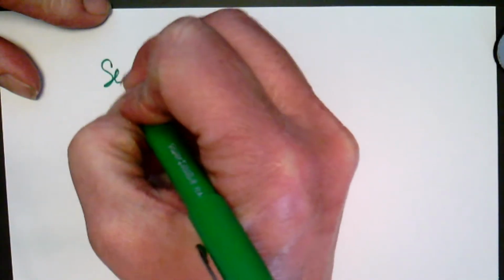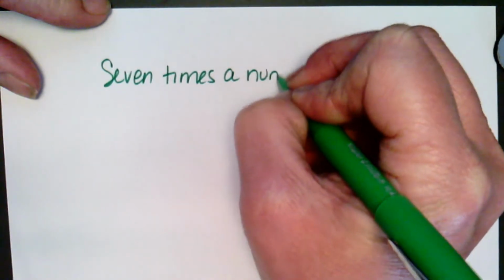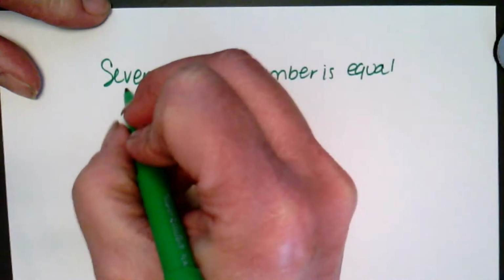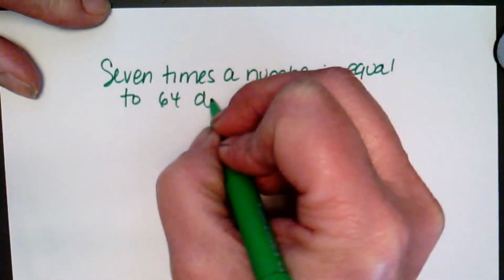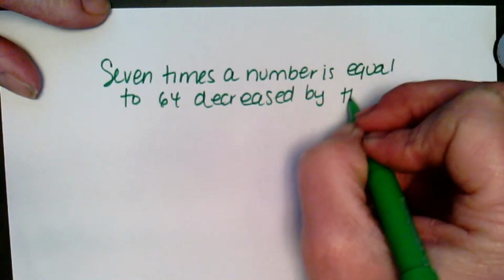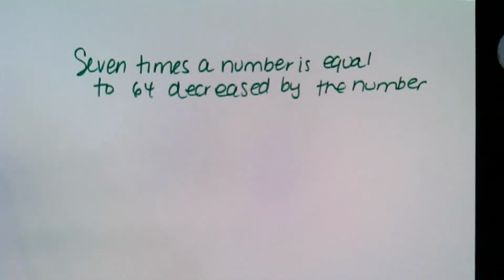Alright, the next topic in homework 5 is writing sentences with the words. Alright, so it says the given sentence written as an equation is.